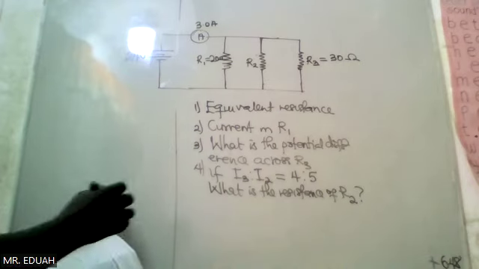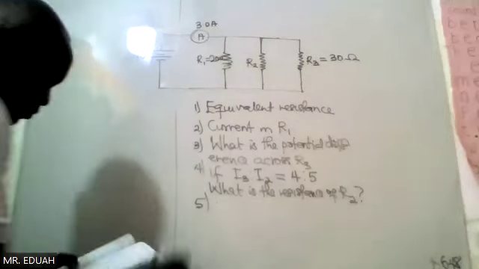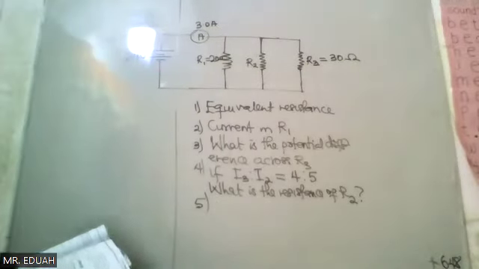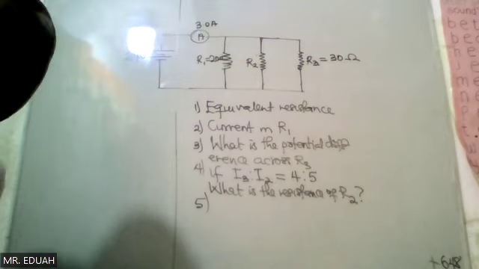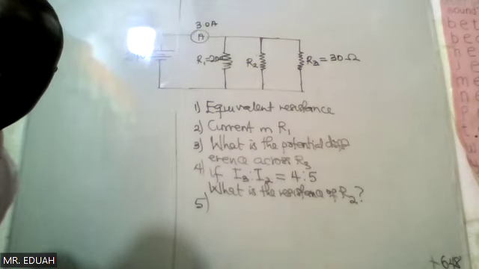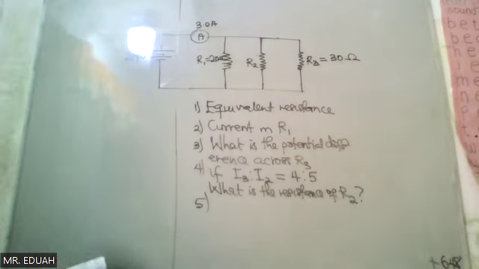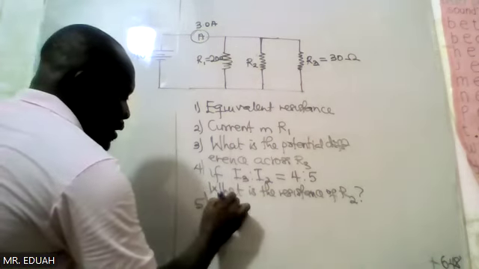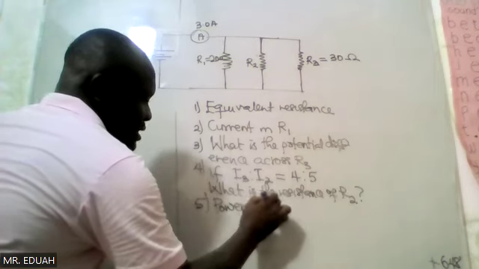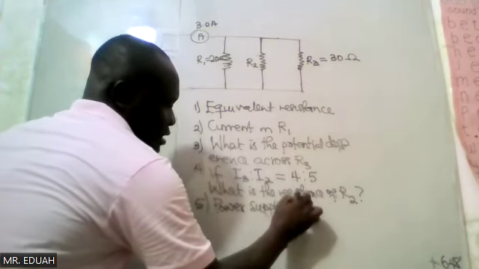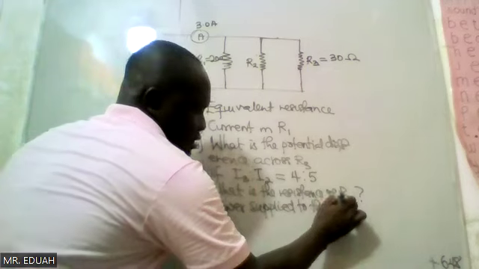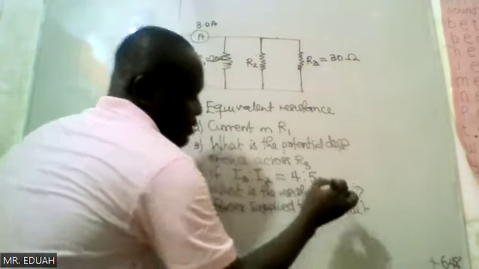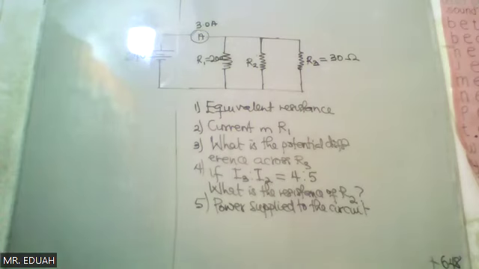Then the fifth question is that you have to calculate the power supplied to the circuit. All right, so quickly go through it and then let's see.